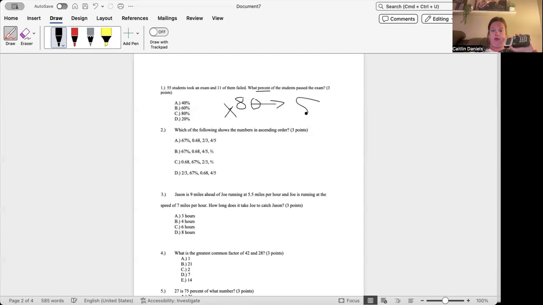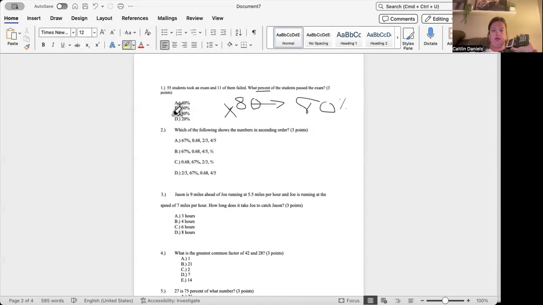And that was what we got. We got 80% right there, which would be C. So let's go ahead and highlight C. And the chapter that is from is the fraction chapter, which would be chapter 7. Chapter 7 is what that one's from.